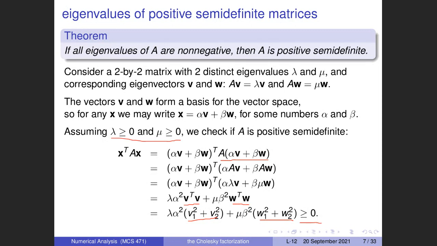The entire expression is thus non-negative. So if we have eigenvalues of our matrix and we know that they're all non-negative, then we have a positive semi-definite matrix. That is, by the way, one way to make a positive semi-definite matrix.